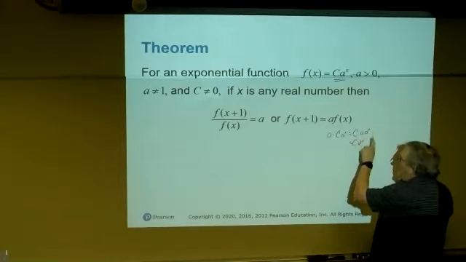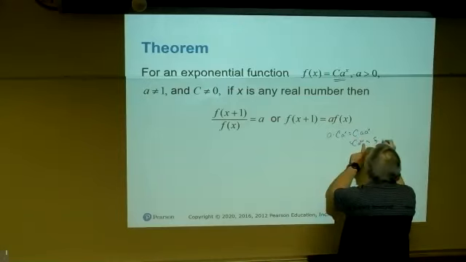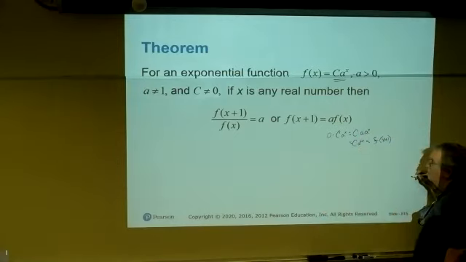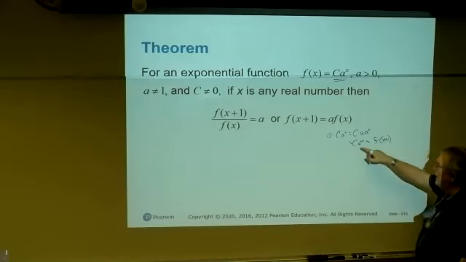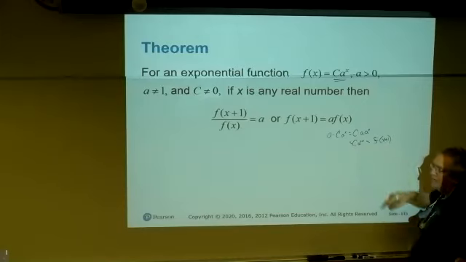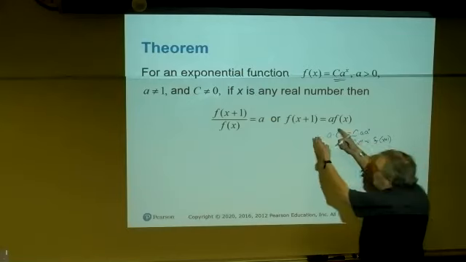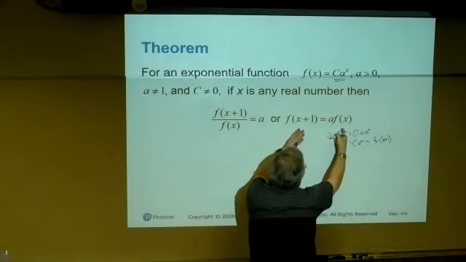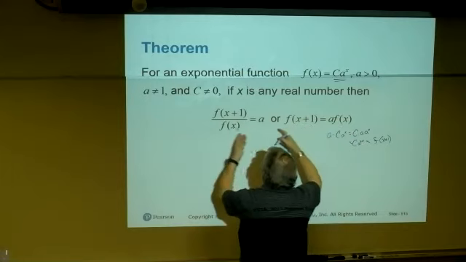I'm adding 1 to x, so that's 1 plus x, which is f of x plus 1. Because f of x plus 1 is c times a to the x plus 1. So, boom. And then I divide both sides by f of x, I get this.